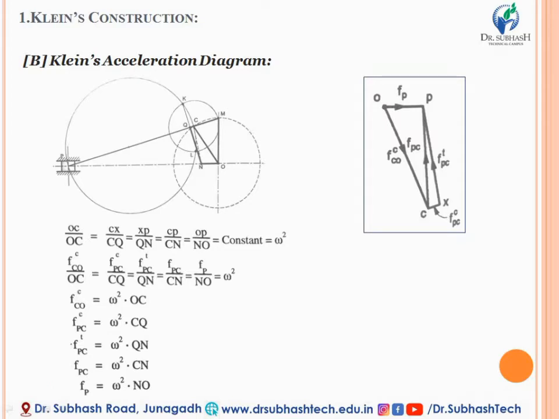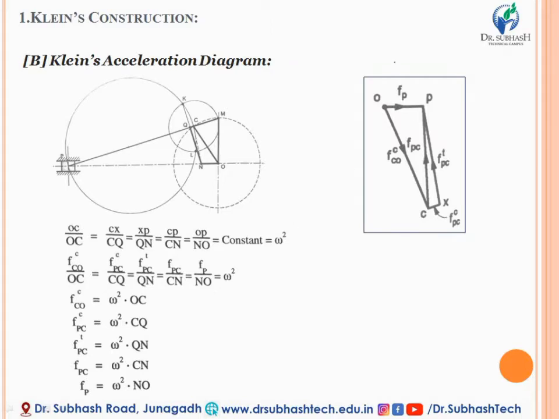Basically this quadrilateral is Klein's acceleration diagram. Now, as we did in the case of Klein's velocity diagram, here also we have to compare this acceleration diagram OCQN with the acceleration diagram from the relative acceleration procedure, through which we have also drawn an acceleration diagram.